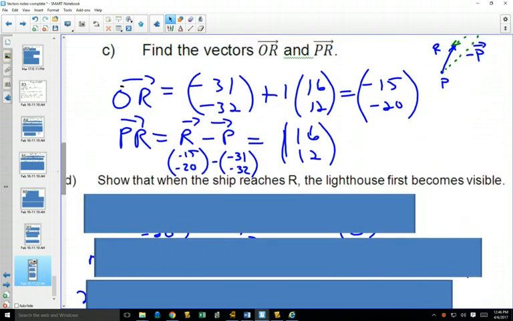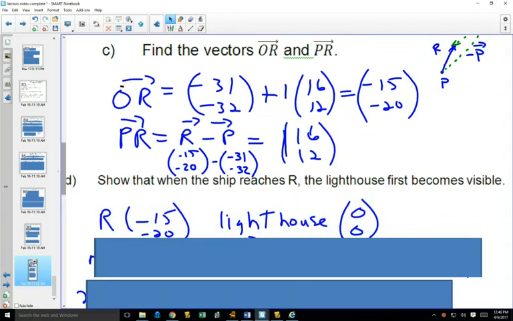Show that, so another show that question: when the ship reaches R, the lighthouse first becomes visible. Well, we know that R is (-15, -20), and the lighthouse is at the origin, (0, 0).